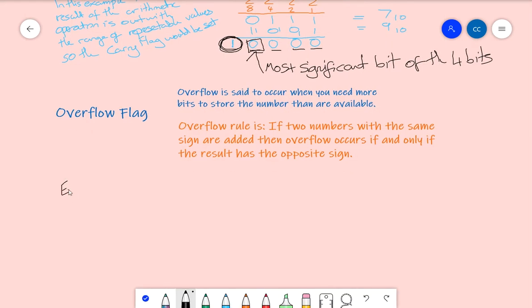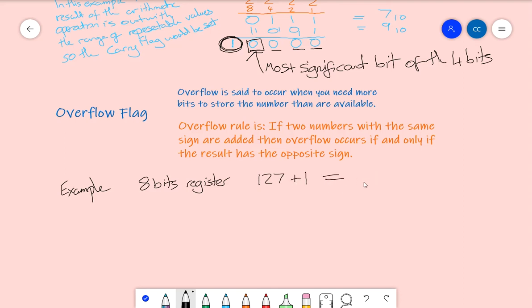So example, let's take the example of we want to add up, we've got 8 bits. Okay, so the register is an 8-bit register. And the calculation that's to be added up is 127 plus 1.